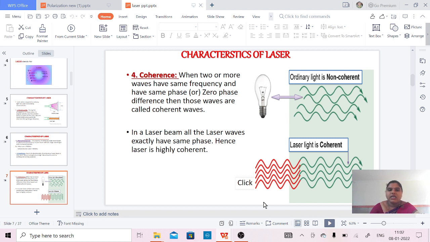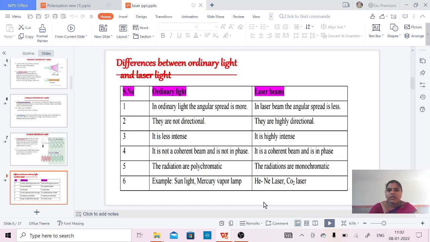In a laser beam, all the laser waves have exactly the same phase, and laser is highly coherent. Hence, it is a coherent source.